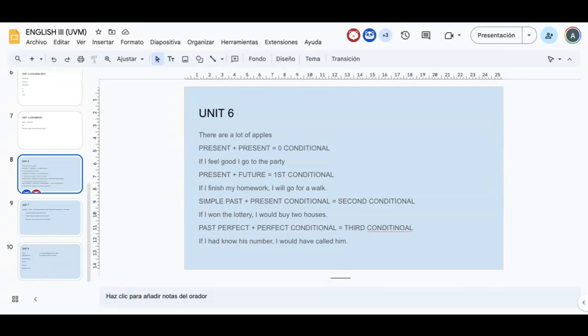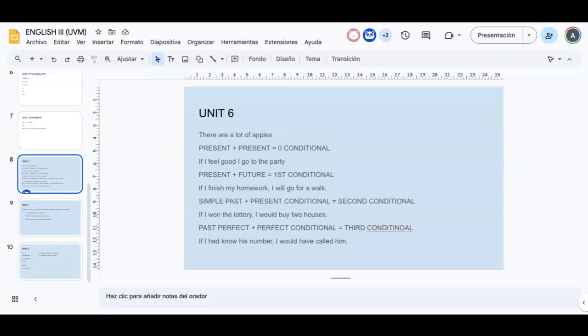If you go from the zero conditional to the third conditional, you can notice that zero conditional is the most real conditional, and third conditional is the most unreal conditional. So we go from a real condition to an unreal condition. Okay, and also because we can see the relationship between the verbs. Zero conditional is real, so we use present plus present. First conditional is still real, but we start to see a possibility.